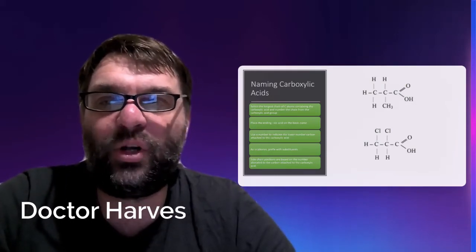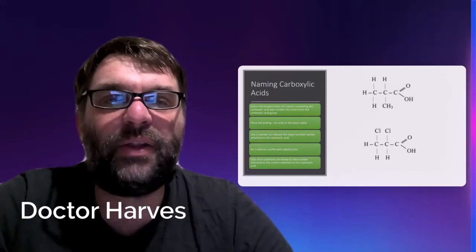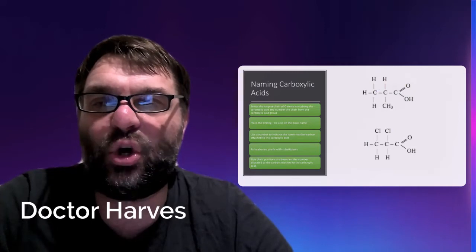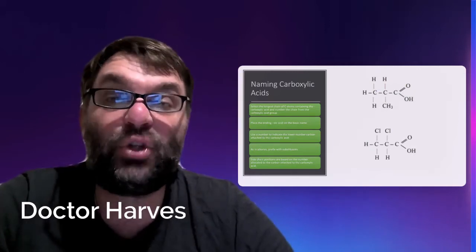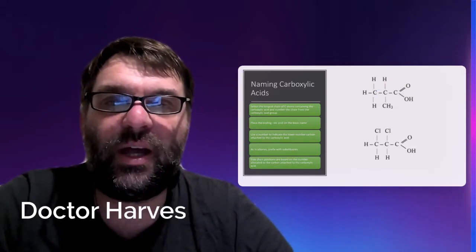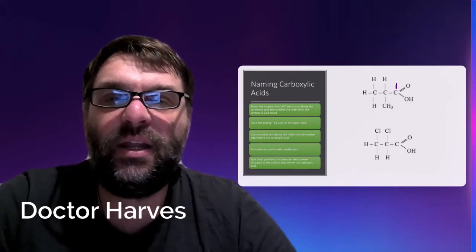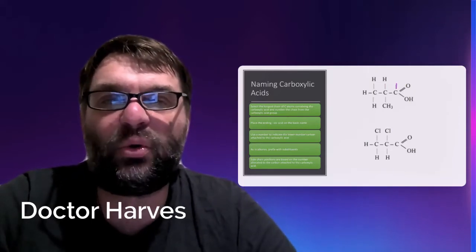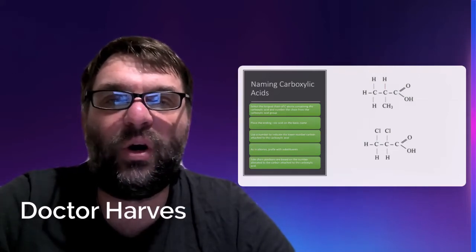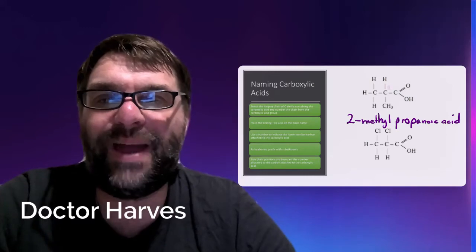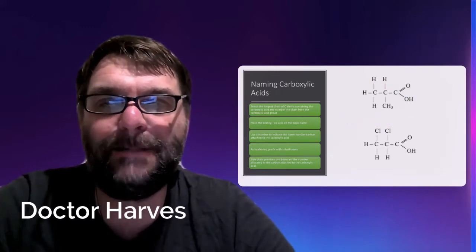So for example, looking at the 2 examples here, the top one, 3 carbons is the longest chain, so propan. It's got the oic at the end, the carboxylic acid group, so it's a propanoic acid. And the carboxylate group is on the first carbon, therefore the methyl group is on the second, so it'll be 2-methylpropanoic acid.